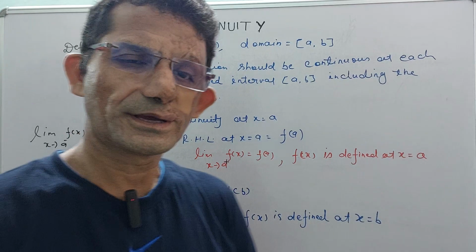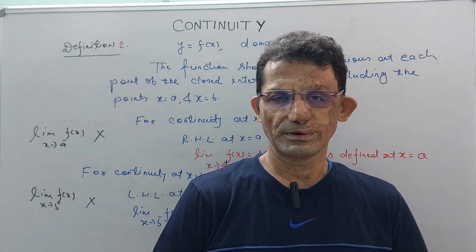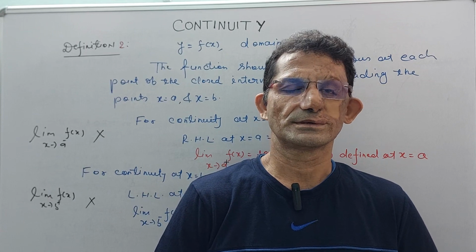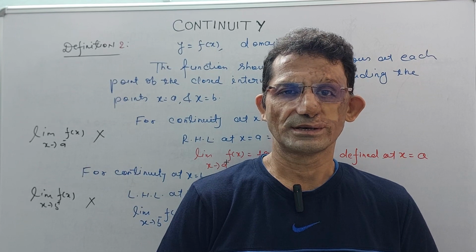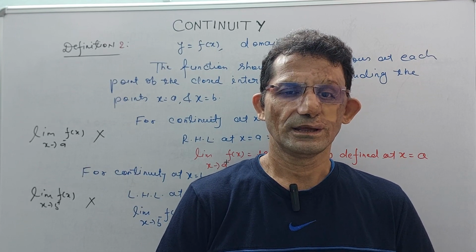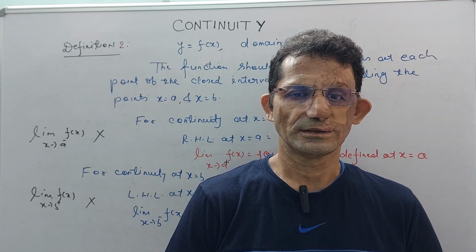So these are definition number 1 and 2, and after this we will study some formulas about the functions, about continuity. Then we will do numericals from the NCERT textbook. Till then, bye bye.